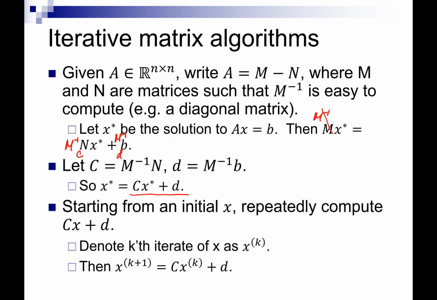Remember our goal was that as we keep iterating this process, we get closer and closer to the actual solution of the equation. We're trying to solve this equation over here, and we hope that as we iterate, we get closer to the true solution x star.